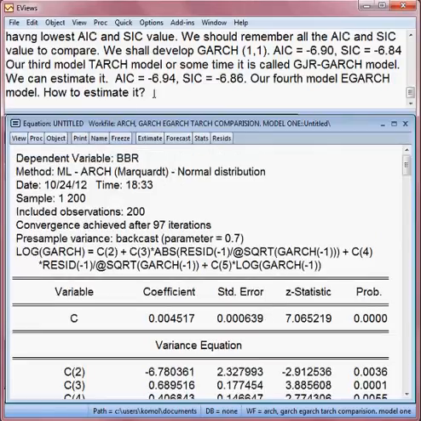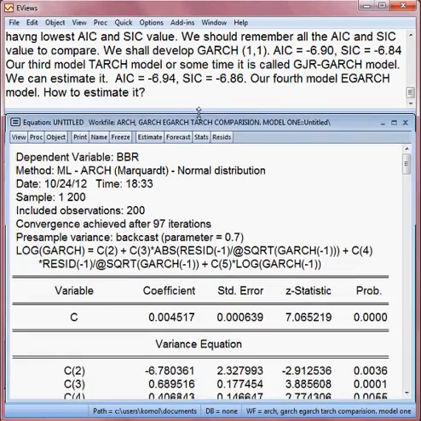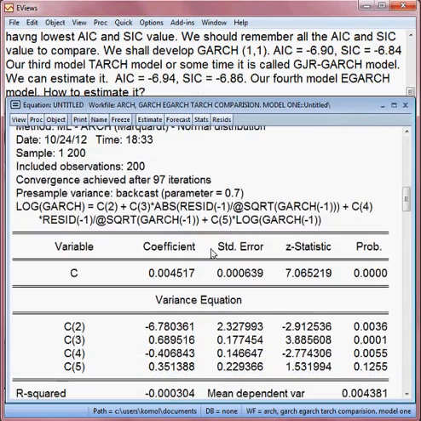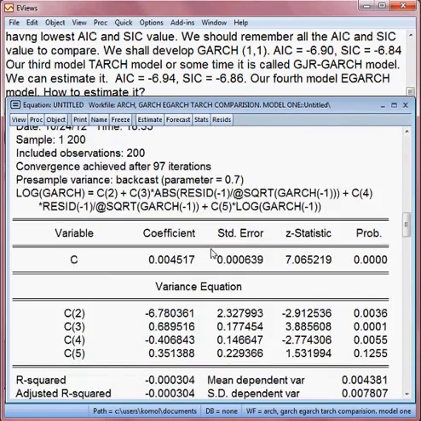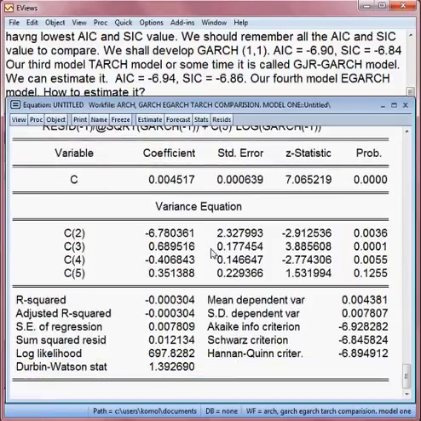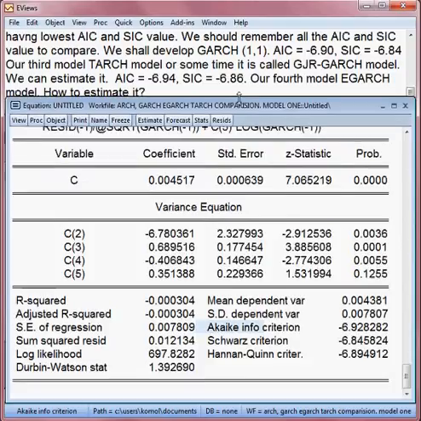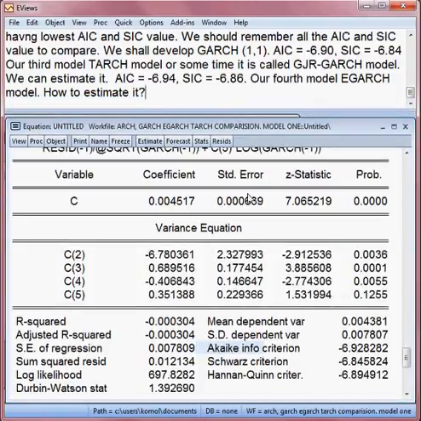So this is the outcome of the EGARCH model. And here, what is the value of AIC and SIC? AIC is about minus 6.92.